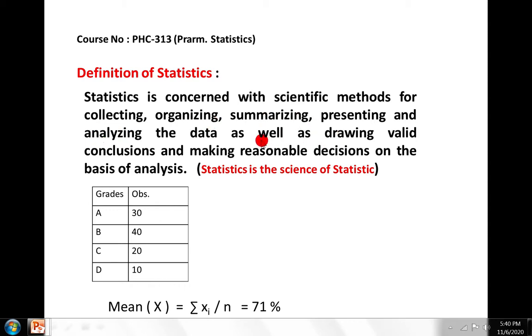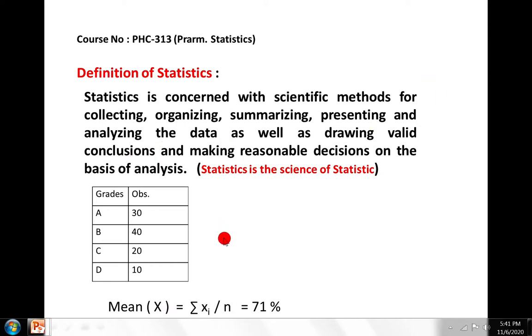The next most important step is the valid conclusion. And after the conclusion, making reasonable decisions on the basis of analysis.